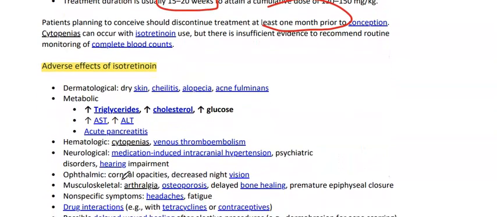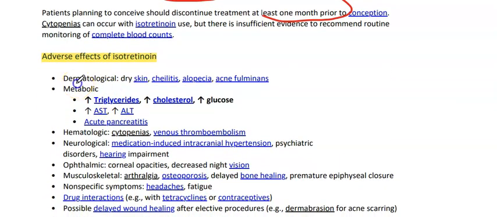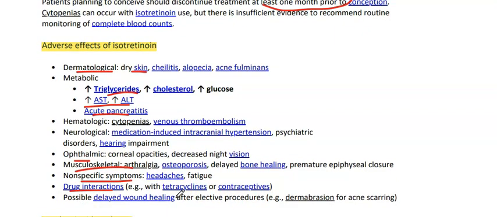Adverse effects of isotretinoin. We have dermatological effects: dry skin, cheilitis, alopecia, acne fulminans; metabolic effects like increased triglycerides, cholesterol, glucose; liver chemistries like increased ALT and acute pancreatitis; hematological, neurological, ophthalmic, musculoskeletal, non-specific symptoms; drug interactions like with tetracycline or contraceptives; and possible delayed wound healing after elective procedures.